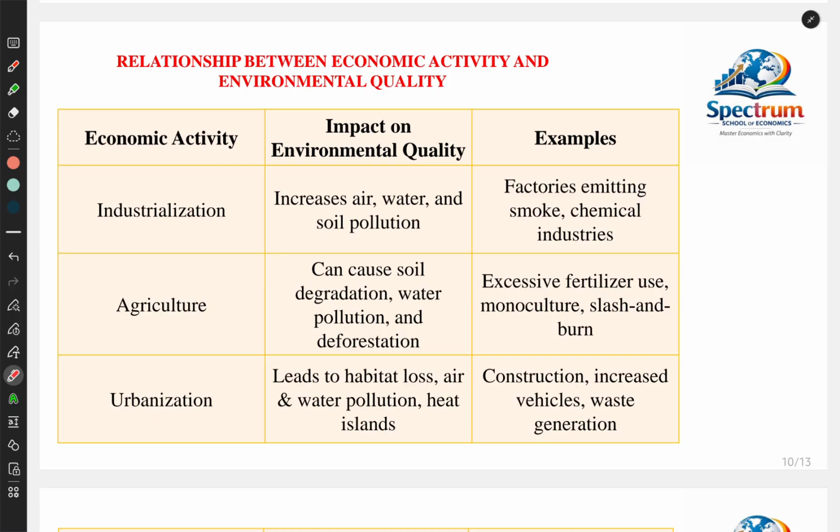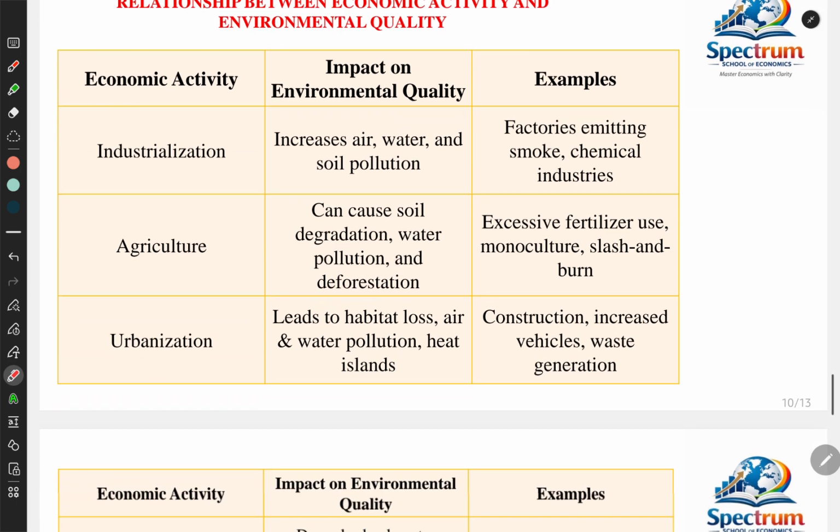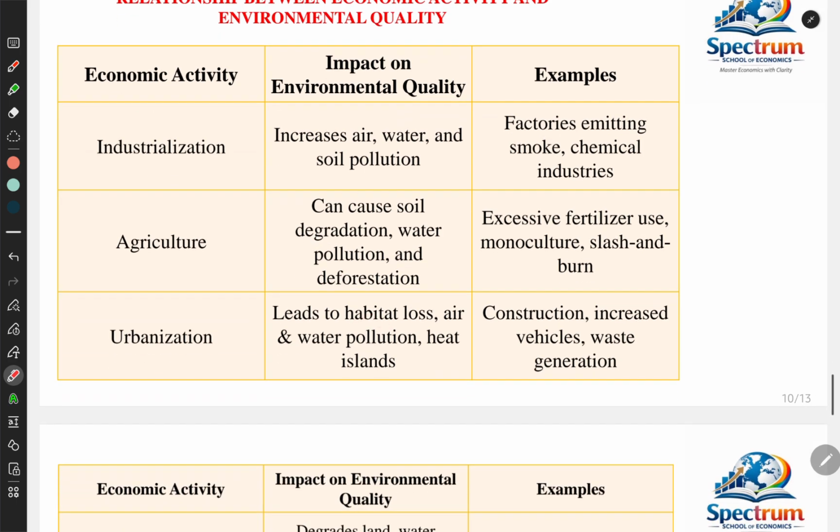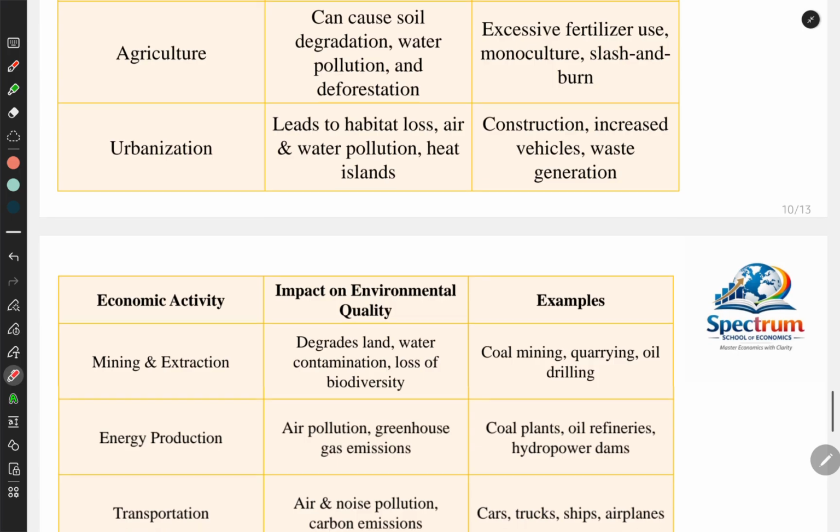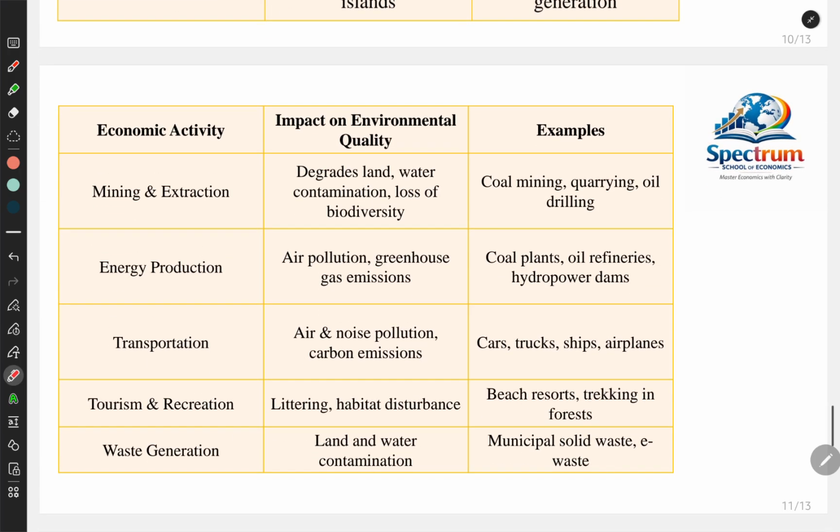They are increase in air, water and soil pollution due to industrialization. Then agriculture leads to soil degradation, water pollution and deforestation, and urbanization will lead to habitat loss, then air and water pollution and heat islands. Mining and extraction also lead to degradation of land, water contamination and loss of biodiversity.